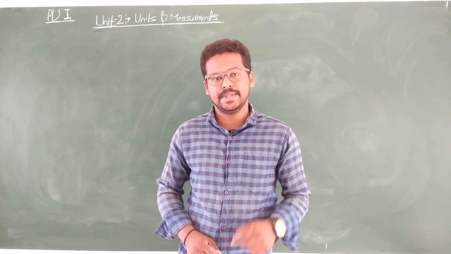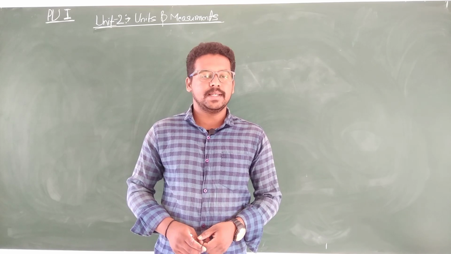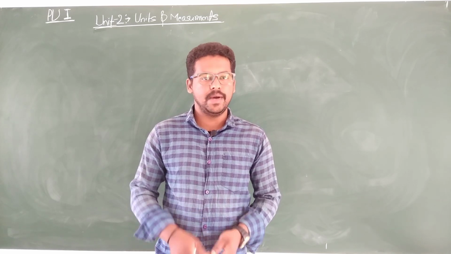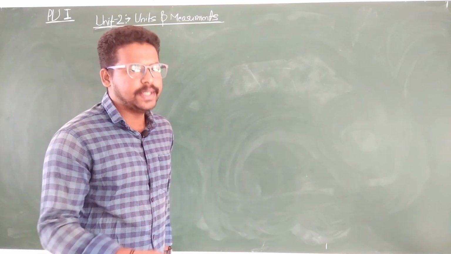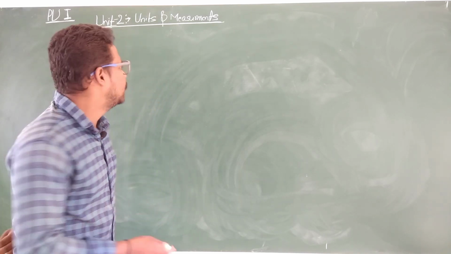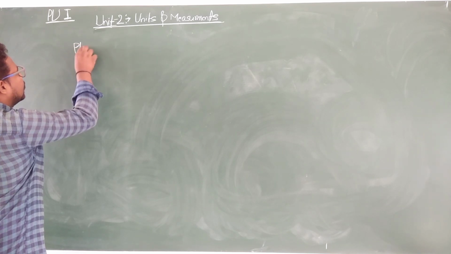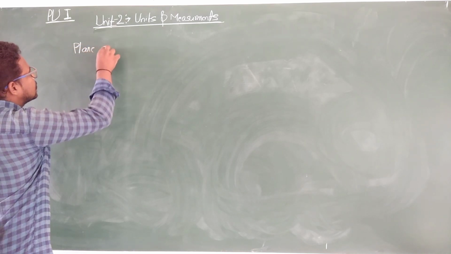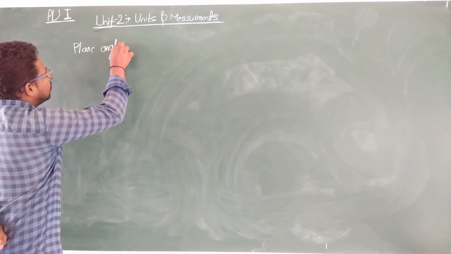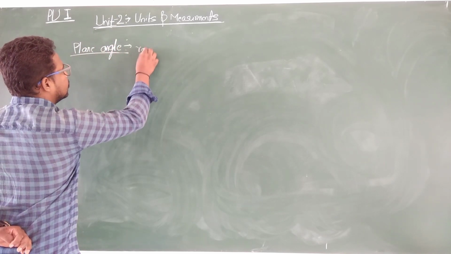International system of units. So there are 2 supplementary units we have used. So let's define them. How they can be defined and how we can write them. So first one is plane angle, the radian.